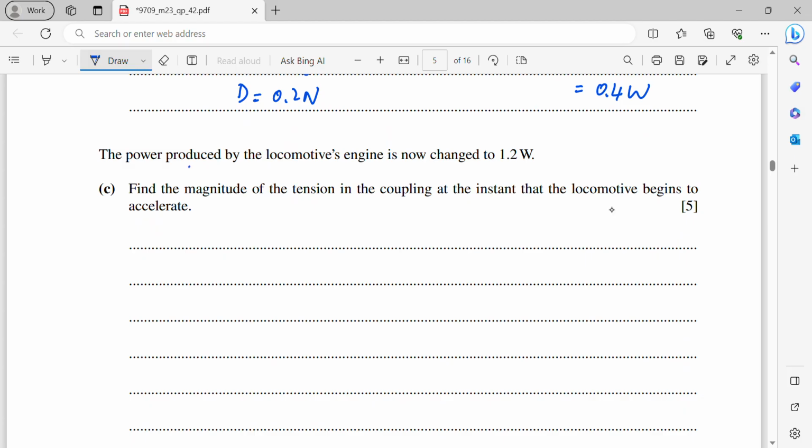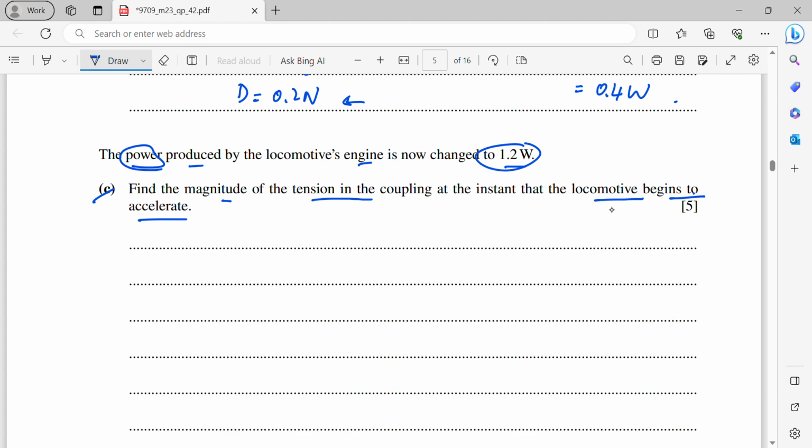Now, the power produced by the locomotive's engine is changed to 1.2, just now 0.4. Find the magnitude of the tension in the coupling at the instant that the locomotive begins to accelerate. So for part C, since your power has been changed, I'm no longer using the previous D, the driving force.